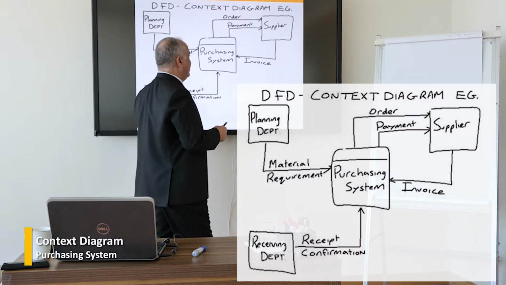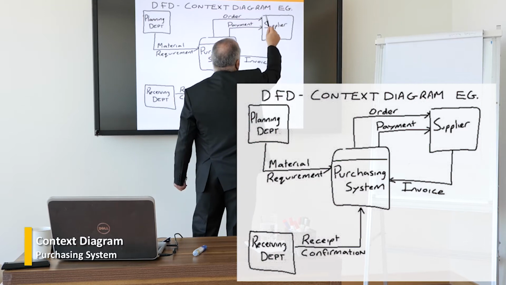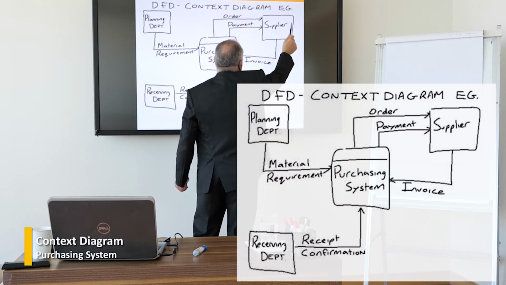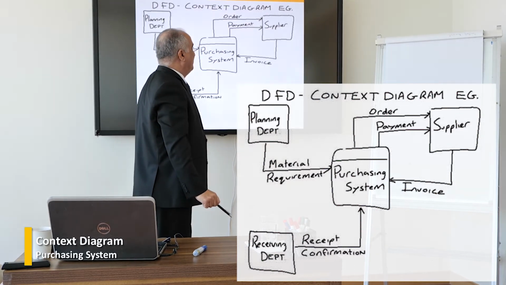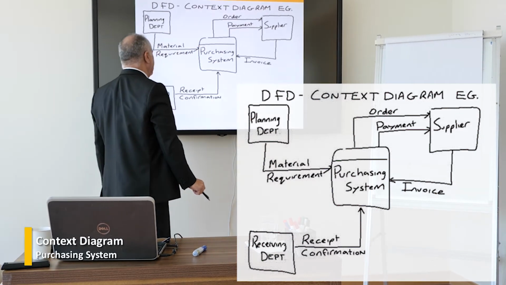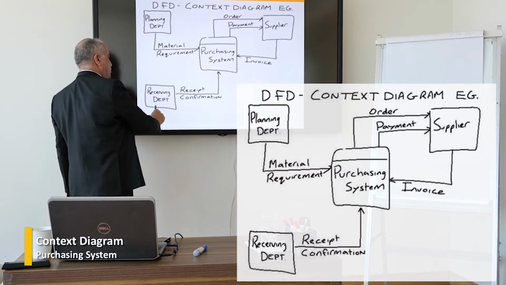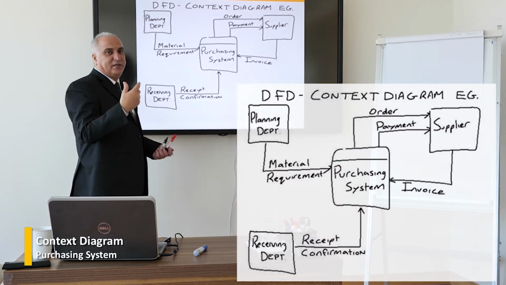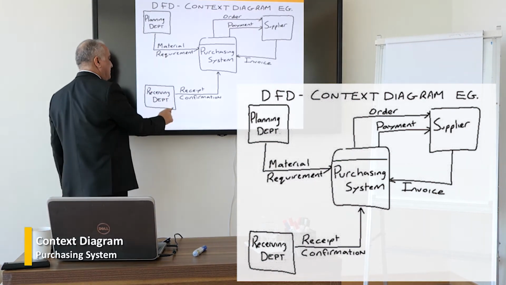This material has to be purchased from a supplier. So we have an external entity called suppliers. And this supplier has to deliver the requested material, and in this case it is the receiving department.